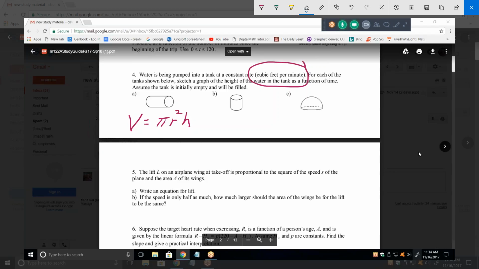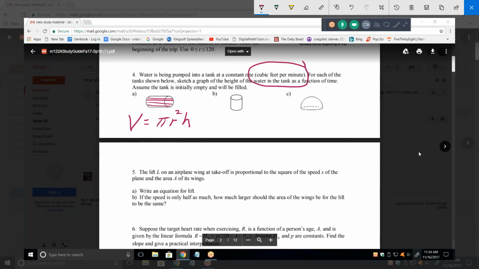Okay, now cubic feet per minute. That's a graph of the height of the water tank as a function of time. Now on this one over here, the water line is going to go up like this, right?